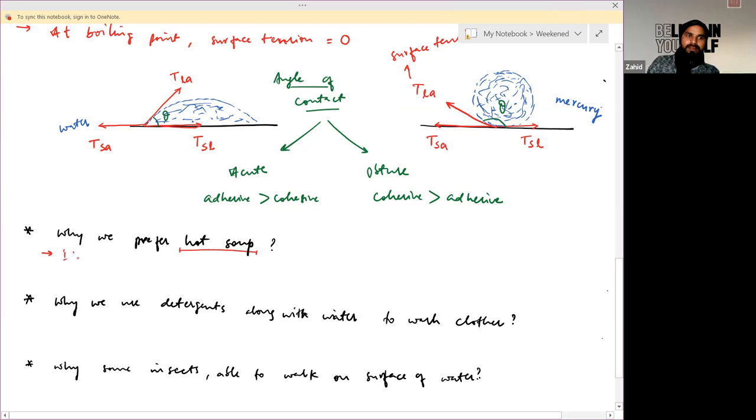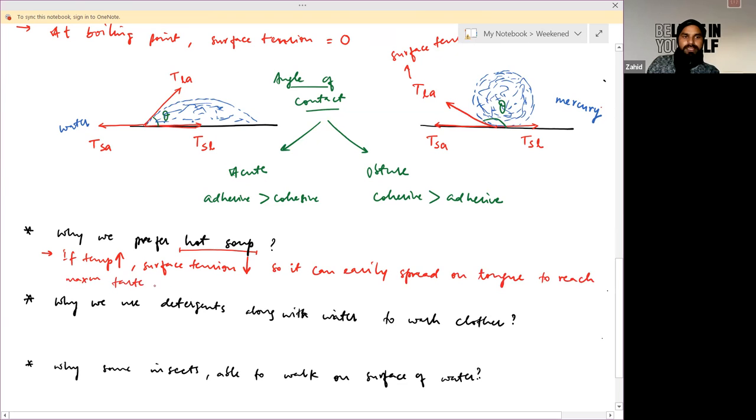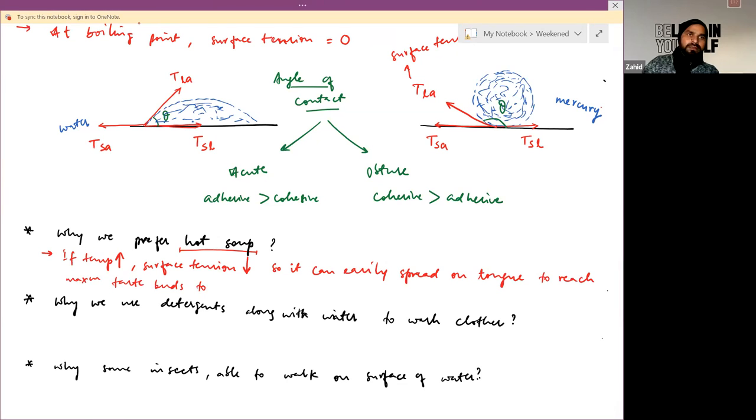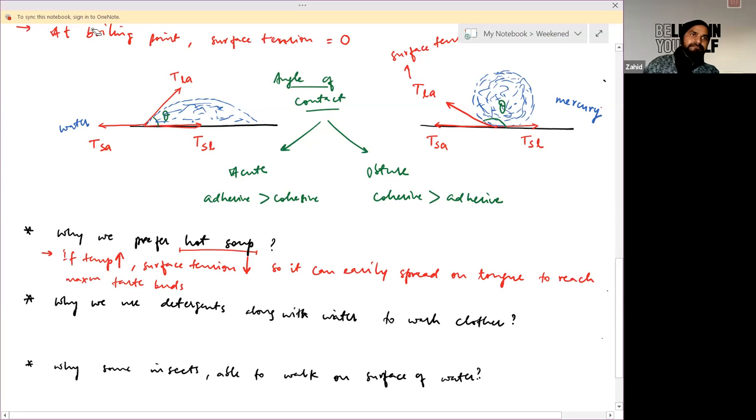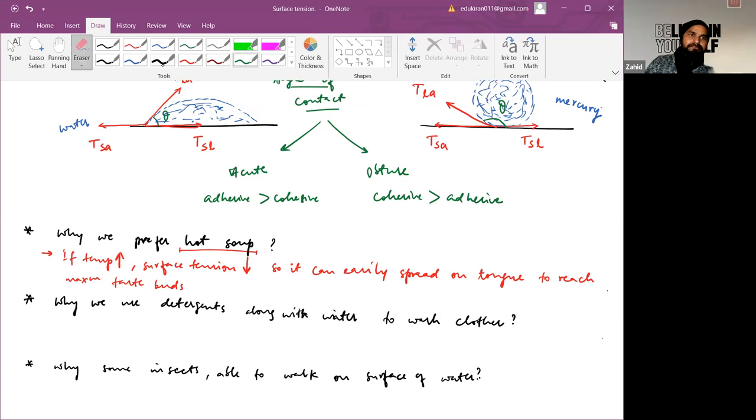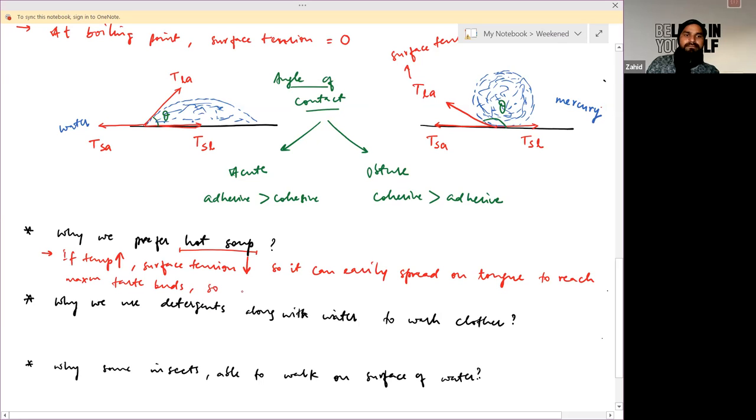You'll say, if the temperature is more, surface tension will be less, so it can easily spread on the tongue to reach maximum taste buds, so it can taste better.